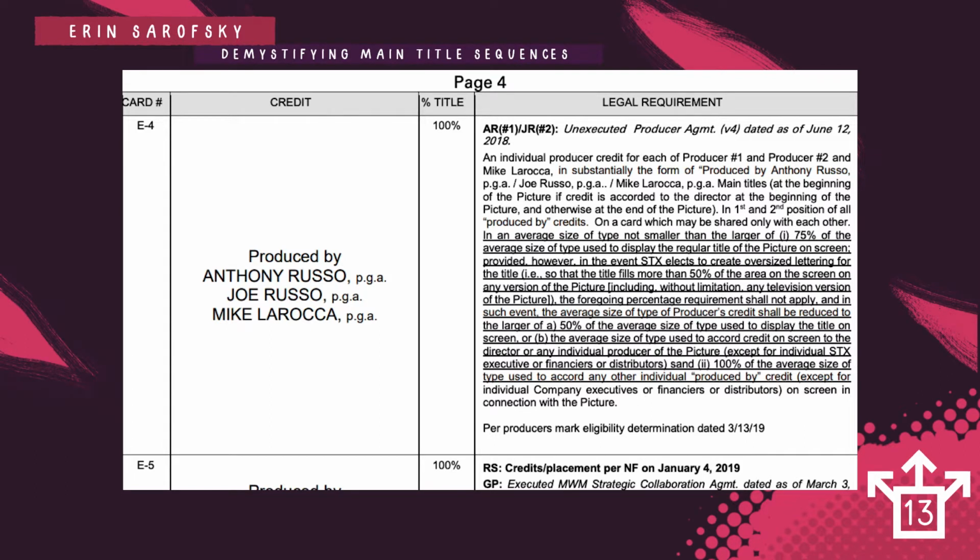The title of the film is always what's known as 100%. Everything else relates to that. So in situations like Guardians of the Galaxy, where we have really, really large type, and the titling is not normal, that would require a waiver from all the actors. So a lot of legal stuff goes into a title sequence that all the artists need to be absolutely aware of.